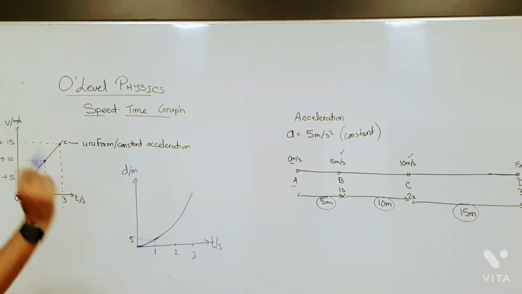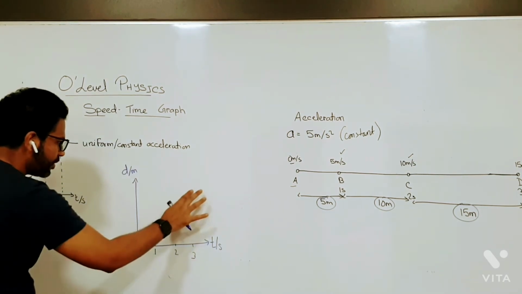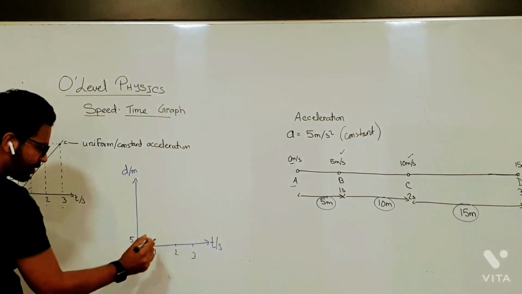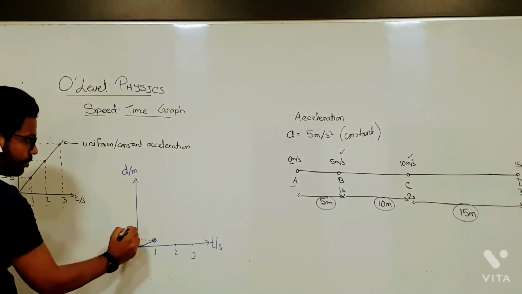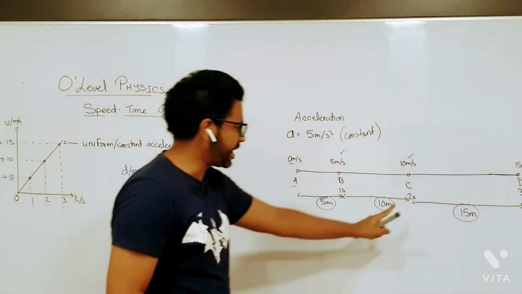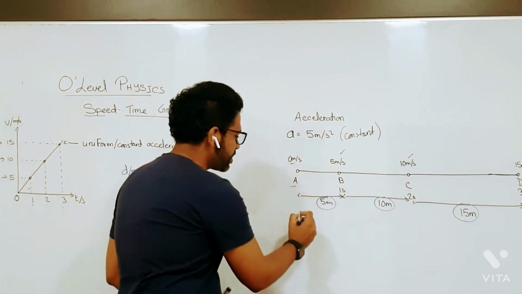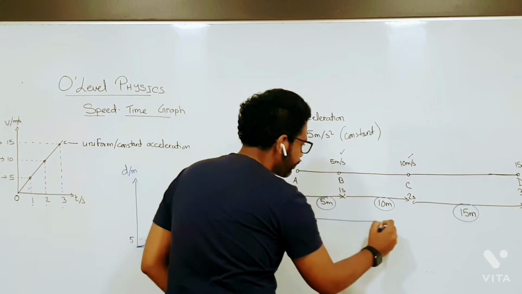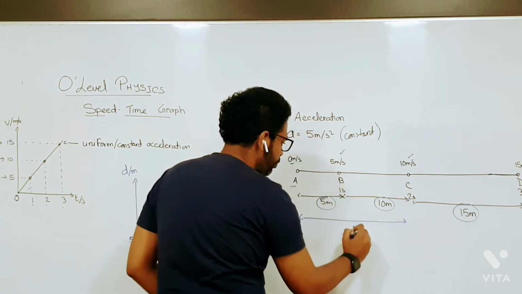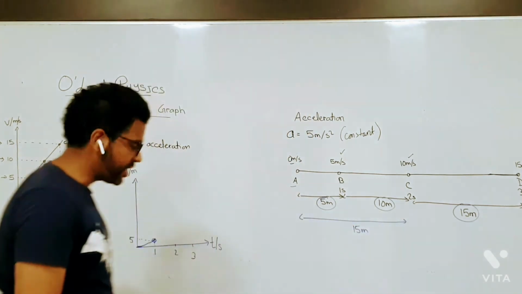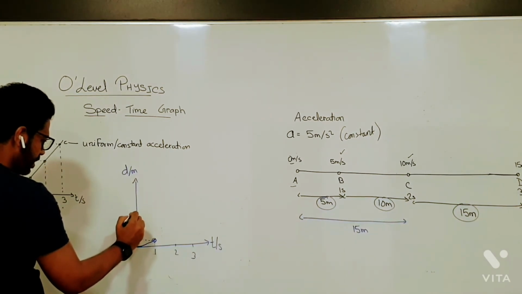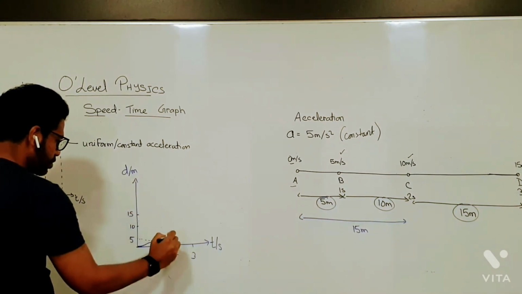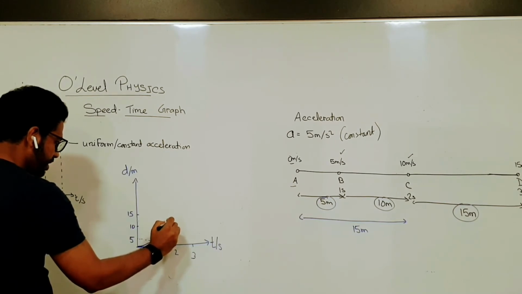So when I'm plotting the distance, after the first 1 second, let's just remove the graph first. I see that the object has moved a distance of 5 meters. Okay. Then after 2 seconds, how much distance did the object in total move? It moved a total distance of 15 meters. So after 2 seconds, if this is 10, if this is 15, I will plot a point here, right?